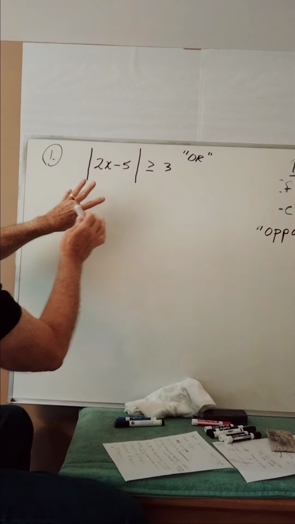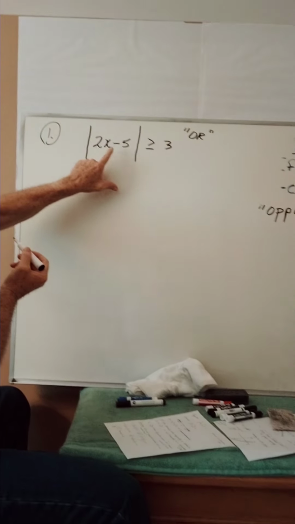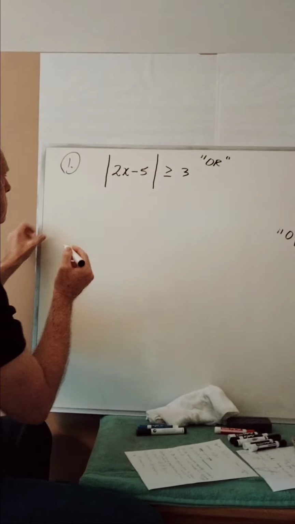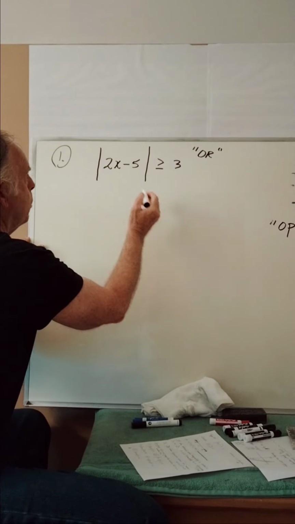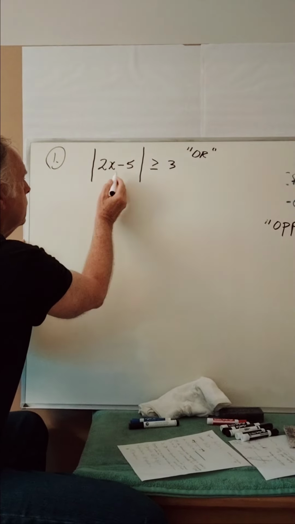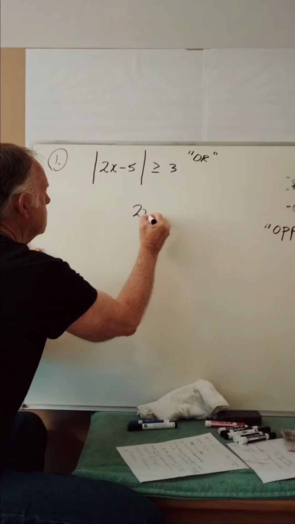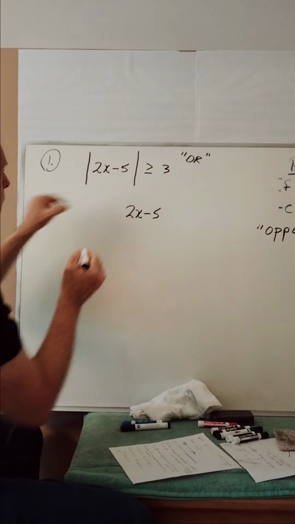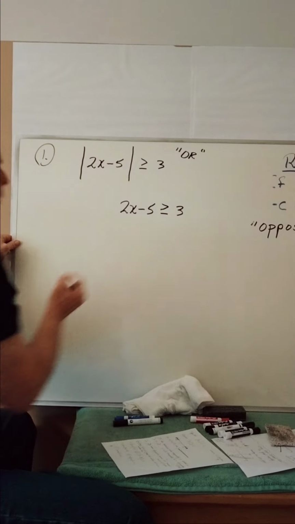Now here's the translation. Bring down that 2x minus 5. I'm going to write it maybe right about here. You've got to start somewhere. I'm going to start with the comfortable one. Bring down that algebraic expression and set it greater than or equal to 3.